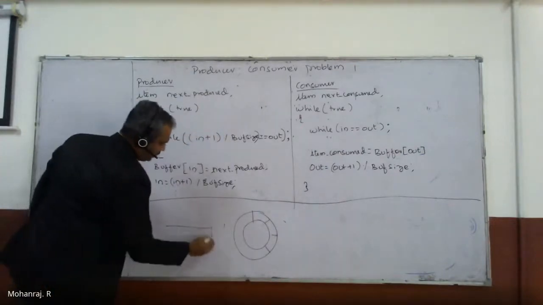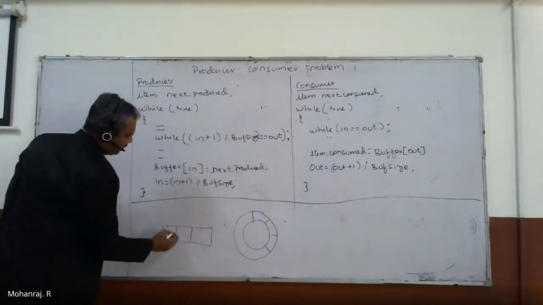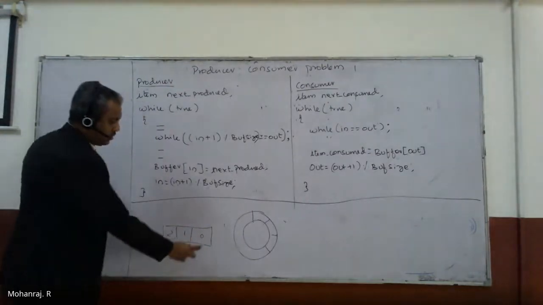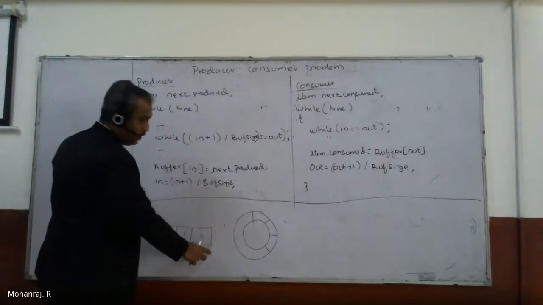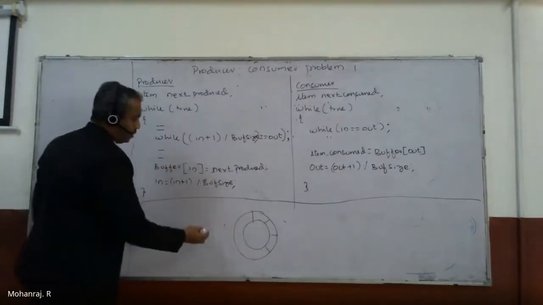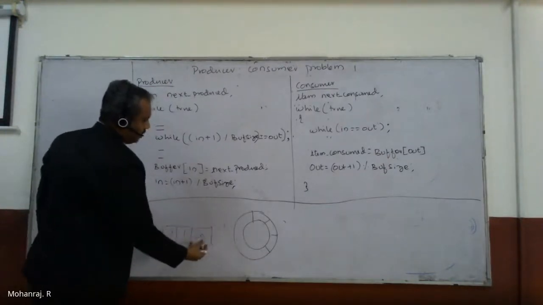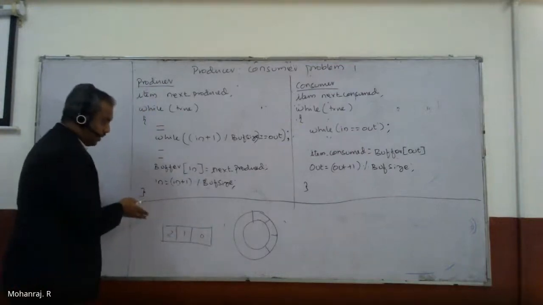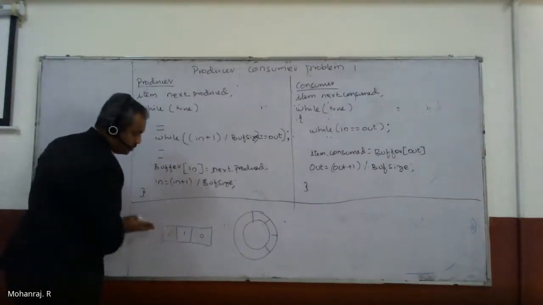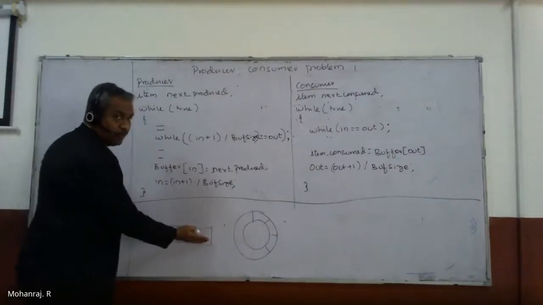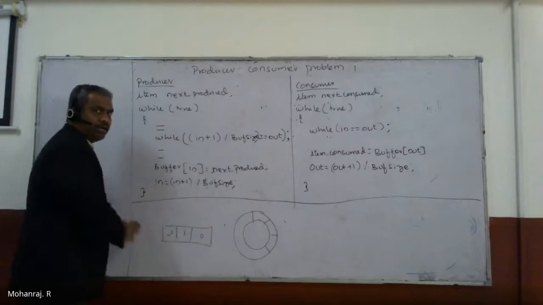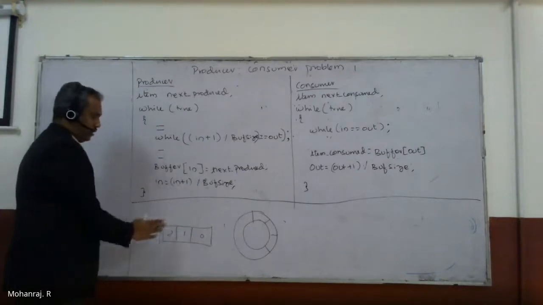Normally the queue will be represented in this form, right? This is 0, 1, 2, then n. So this is the first, right? The item will be taken out from this end, and as soon as items are entering, they go through this way and can be placed at the front. Okay, this is the front and the rear end. From the rear end, it keeps on entering the data, right?